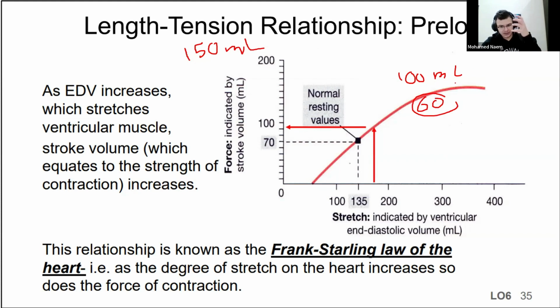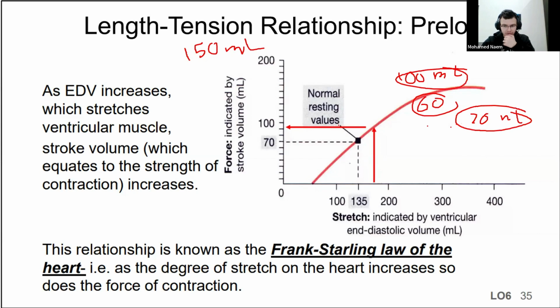So basically, the heart is going to pump with the strength of 60, and the amount of blood that is going to be pumped is a specific amount. Let's say the stroke volume is going to be 70. Let's say that 70 ml from the 100 ml are going to get pumped up into the aorta. So this is the stroke volume.